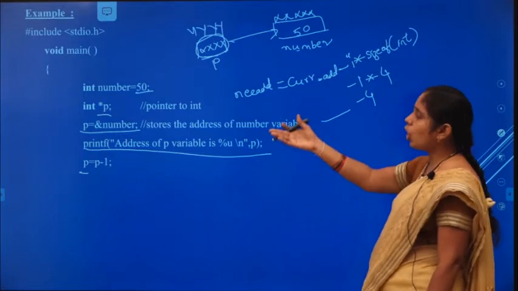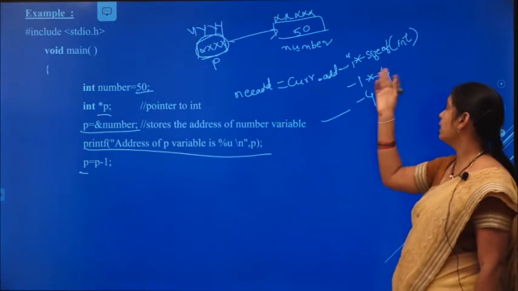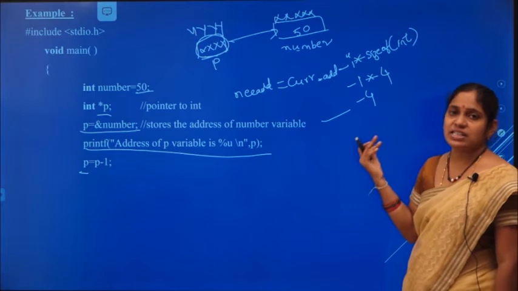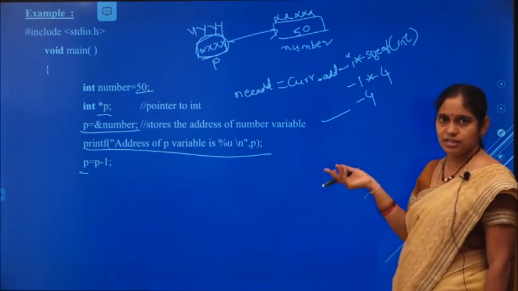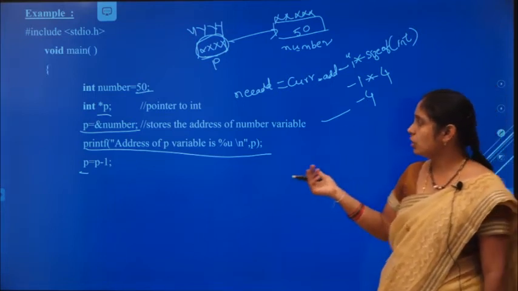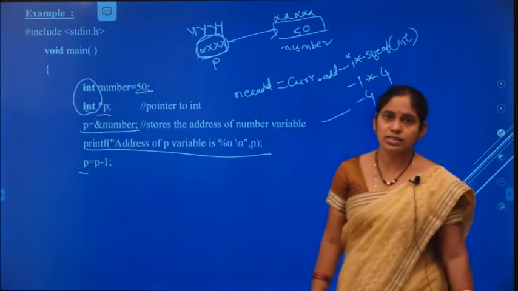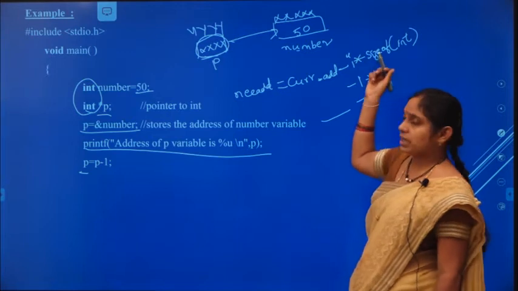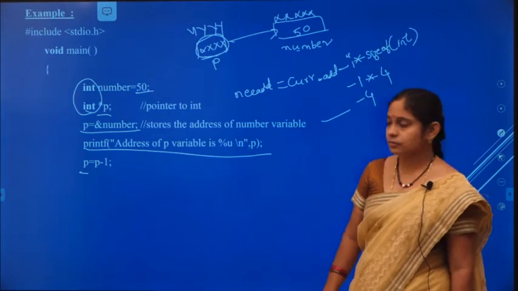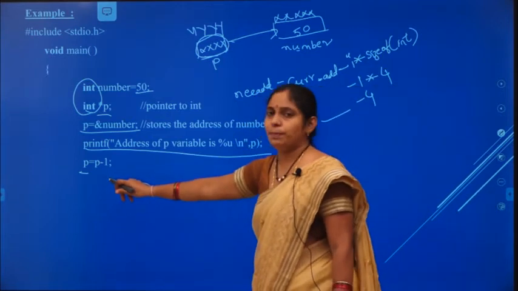If it is a float type, then that respective size will be considered. If it is a character type, then the respective size. So based on the type we are using here, int, float, char or something else, the size of that will be considered. So p equals p minus 1.